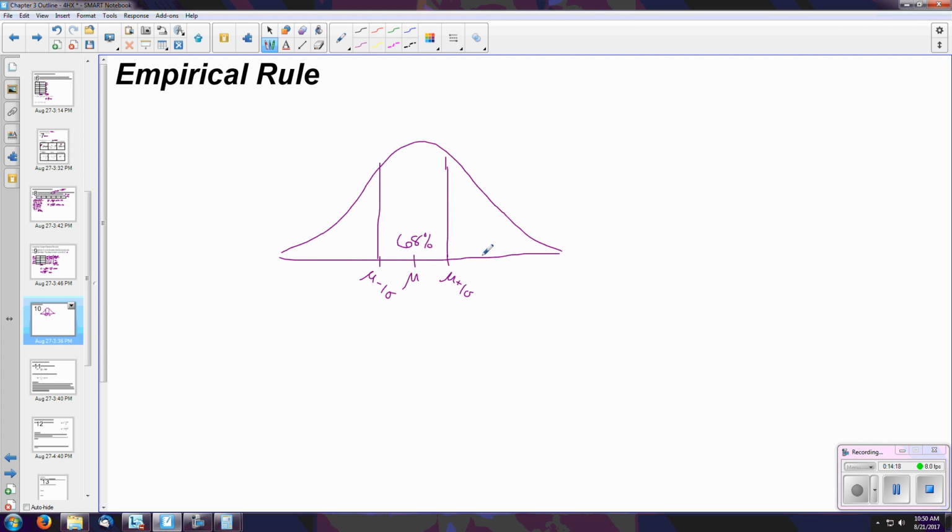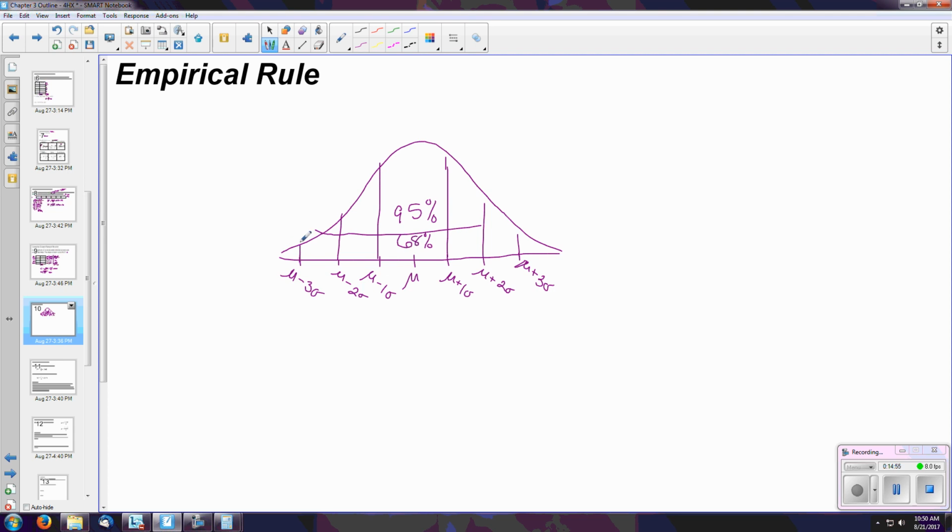If you take it a step further and go 2 standard deviations to the left and right, so mu plus 2 standard deviations and mu minus 2 standard deviations, that's going to contain now 95% of our data. So if you go between, that is 95%. And third, if you look 3 standard deviations away, that's going to contain approximately 99.7% of all of our data.